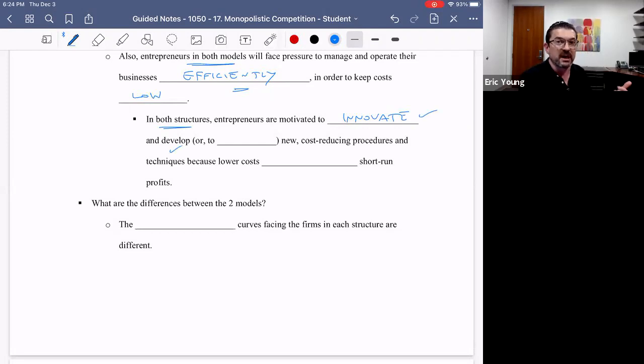Or if they don't innovate and develop it, but someone else does, to adopt new cost-reducing procedures and techniques, because lower costs ultimately in the short run increase profits. But notice the little subtle benefit here. Lower costs also imply more efficient use of scarce resources, which is a good thing, okay? So those are some similarities in the two models.